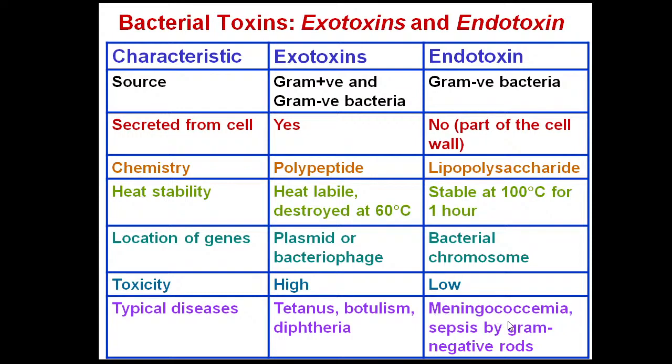This is just because of the presence and autolysis or lysis of the gram-negative bacteria in the bloodstream. And when the gram-negative bacteria are lysed, then the lipopolysaccharide and its most toxic component, lipid A, start to be exposed to the human tissues and human body fluids. So then it causes some toxicity.